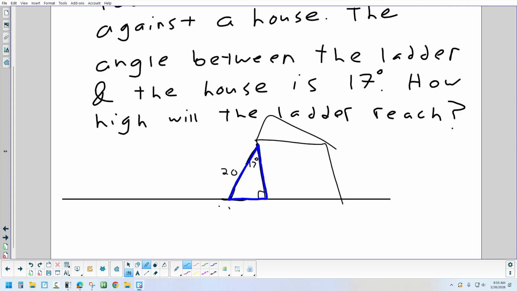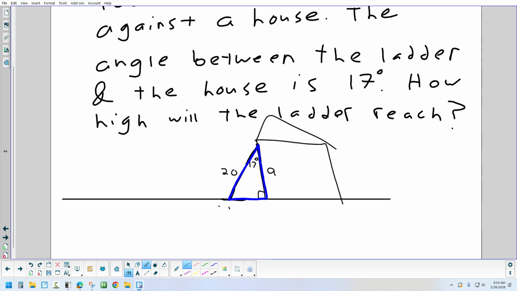So what would that be in our diagram? One, yes, it is one of the legs. Which leg? The one by the house, the vertical leg. So we have a vertical and a horizontal. You want to find that.